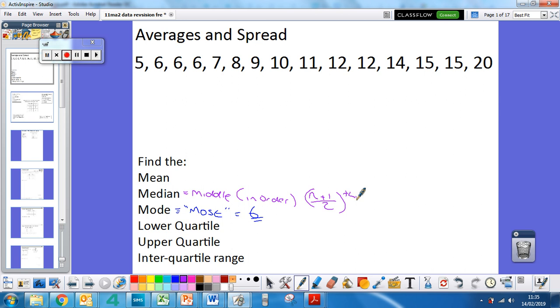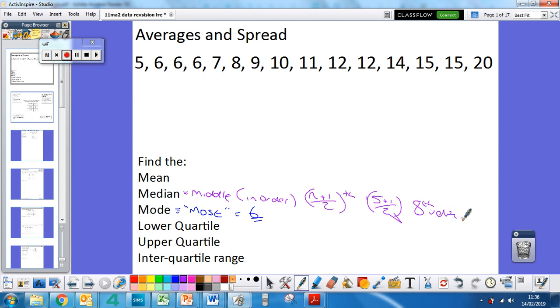So we count how many items there are: 1, 2, 3, 4, 5, 6, 7, 8, 9, 10, 11, 12, 13, 14, 15. 15 items. So n is the number of items in the list. So we're talking about 15, add 1, and half it. 15 plus 1 is 16, half of it is 8. This means we're looking for the 8th value.